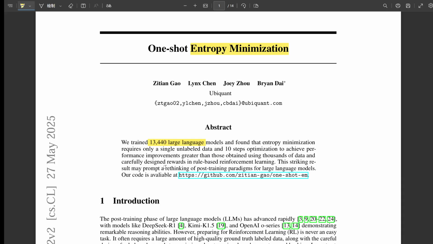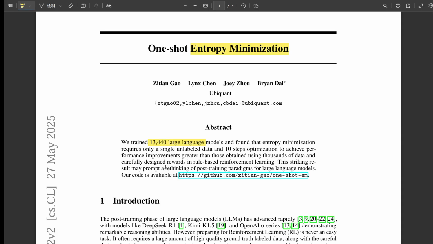So let's start right there. What exactly is this entropy minimization? Okay, so the sources define it as a new unsupervised post-training method designed specifically for LLMs. Unsupervised, that jumps out immediately. No need for human labels saying this is right, this is wrong. Exactly, no costly labeled data. The basic idea is about getting the model to be less uncertain about its own output while it's generating text.